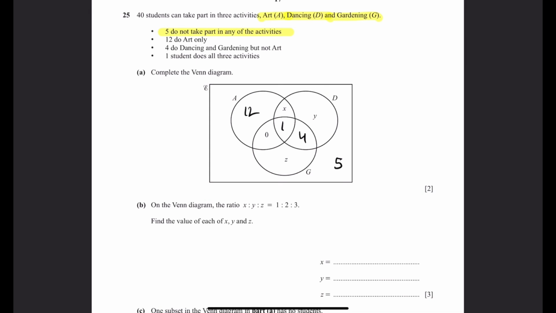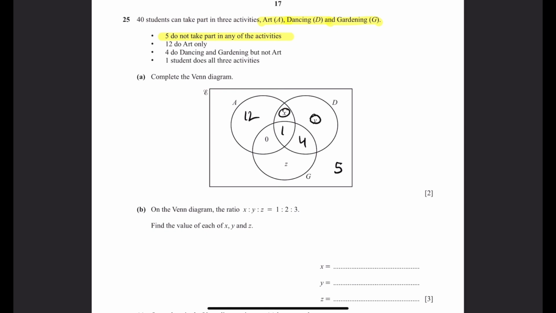So this is the Venn diagram we have done. The total of x, y and z, since total is 40, can be 40 minus 12, 1, 13, 13, 4, 17, 17, 5, 22. So this is becoming 18.